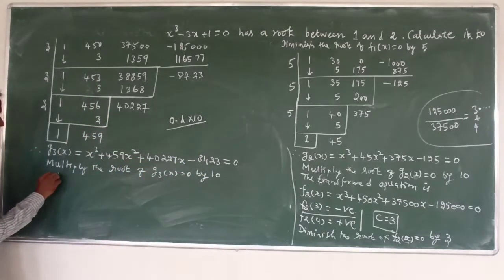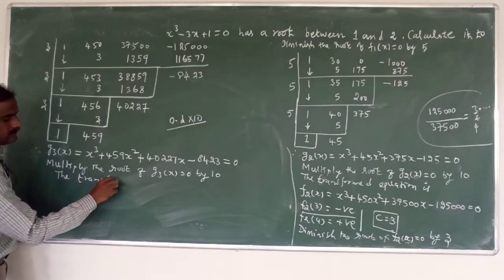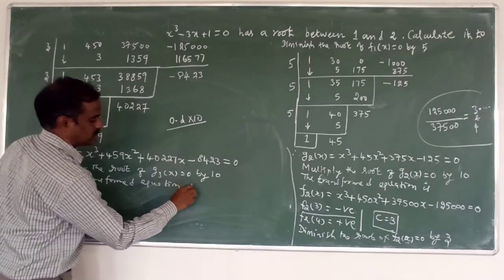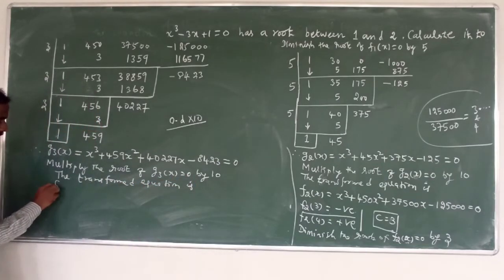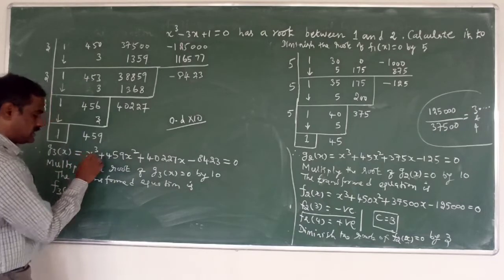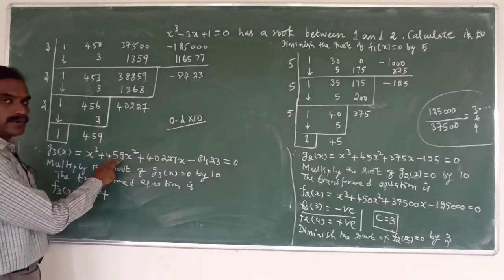Now the transformed equation. The transformed equation is f3 of x equal to 10 power 0 means 1. Now 1 into x cube plus 10 power 1 means 10.